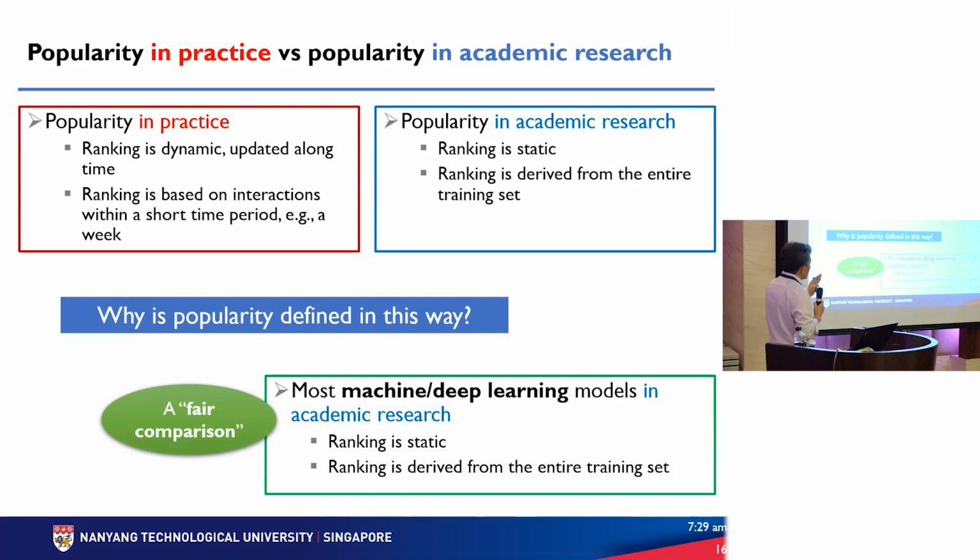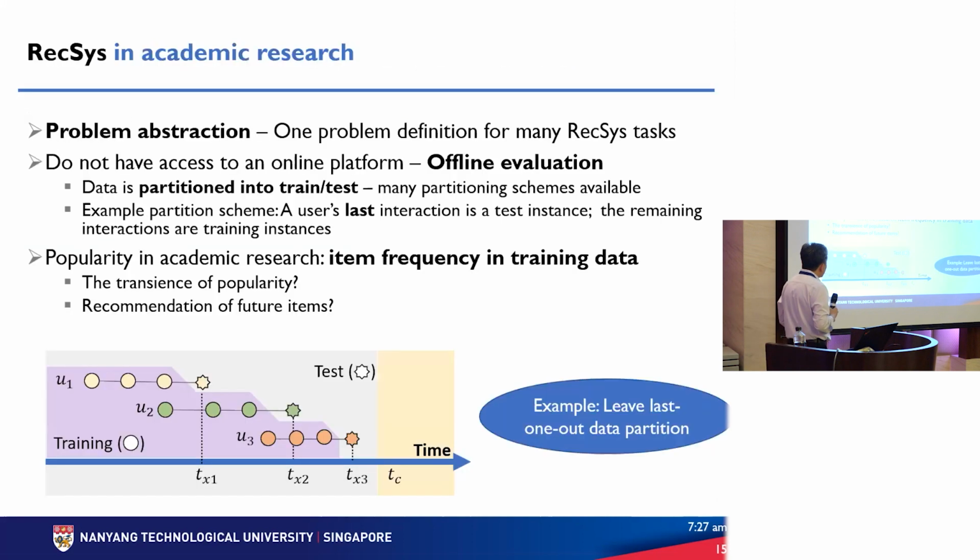Our popularity, this one, is considered a very shallow or trivial machine learning model. We do the same, right? And this also means your machine learning models are evaluated in the wrong way. You get the point, all right? Because you train your model using this data, and you're trying to predict an instance happening here, all right?